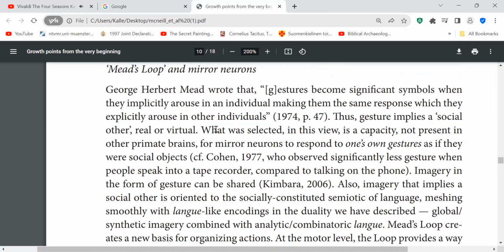George Herbert Mead wrote that gestures become significant symbols when they implicitly arouse in an individual, making them the same response which they explicitly arouse in other individuals. Thus, gesture implies a social other, real or virtual.